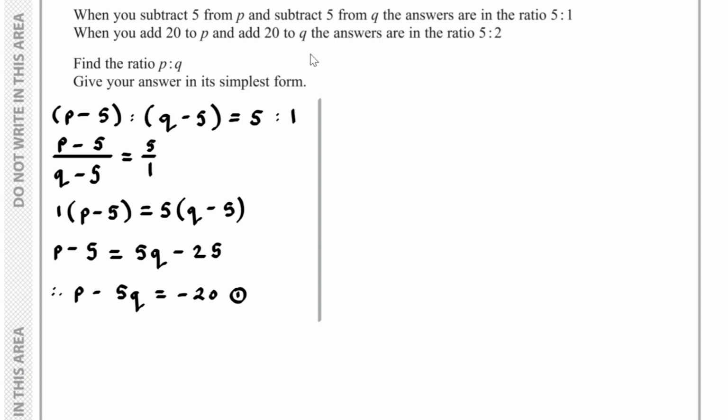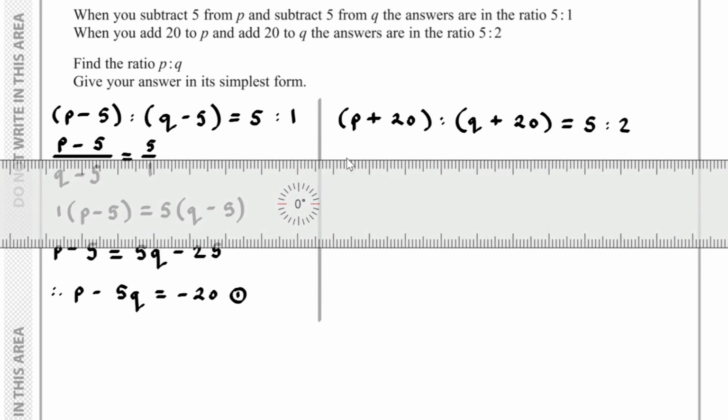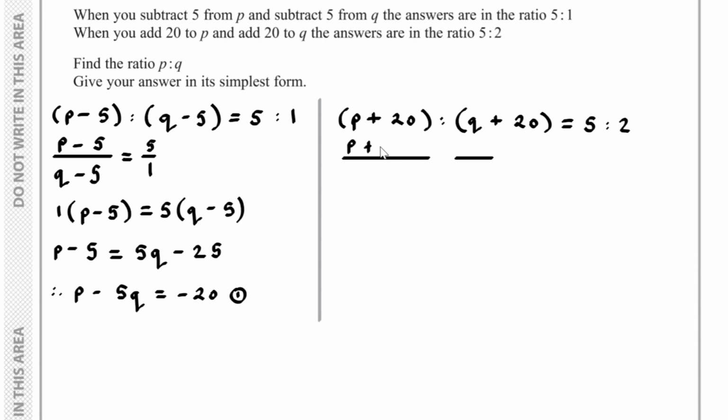We have 20 added to p and then 20 added to q to give the ratio 5 to 2. So I've got p plus 20 to q plus 20. That ratio is 5 to 2. And so if we work out the fraction p plus 20 over q plus 20, that is equal to 5 over 2.